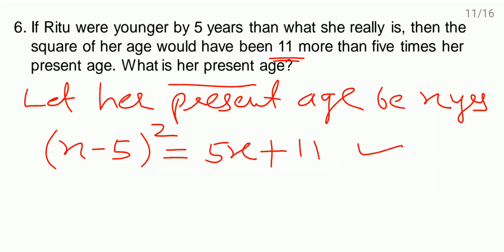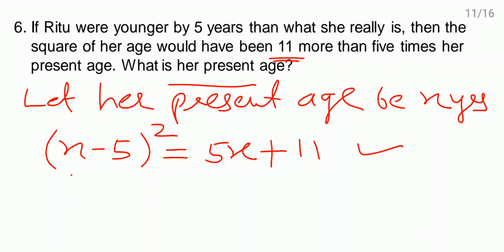So this equation we get here. So try to understand once again properly. They said if Ritu were younger by 5 years than what she really is, then the square of her age is equal to 11 more than 5 times her present age, right?